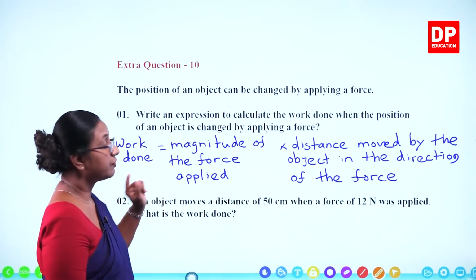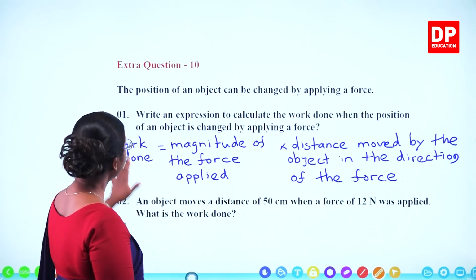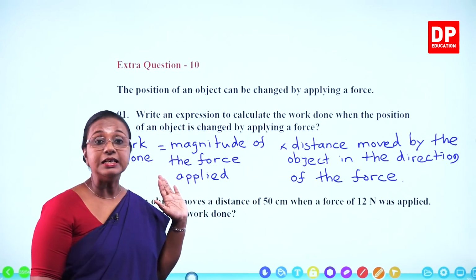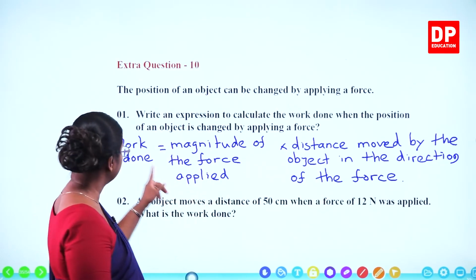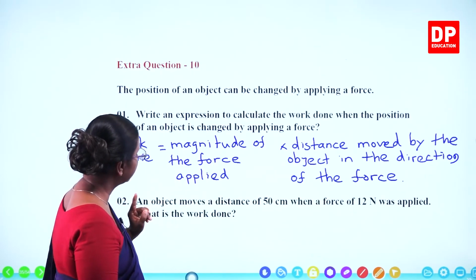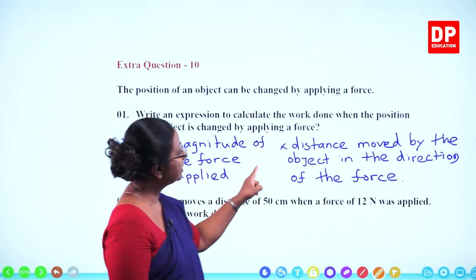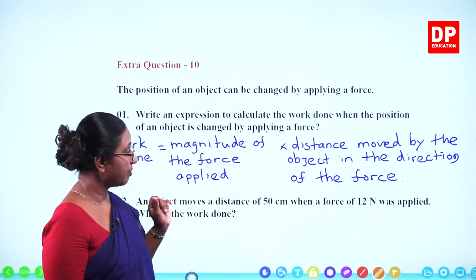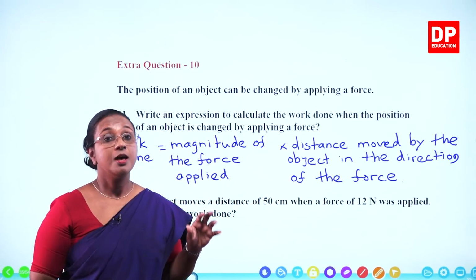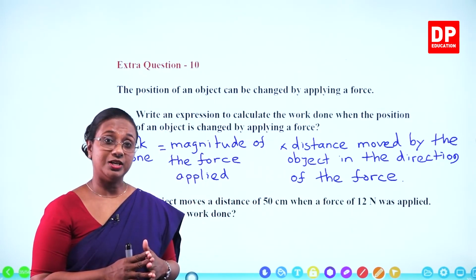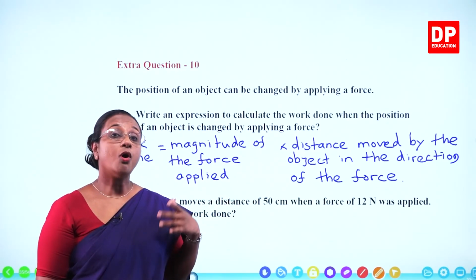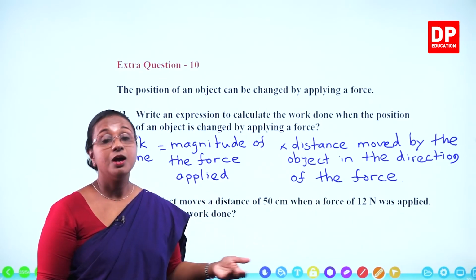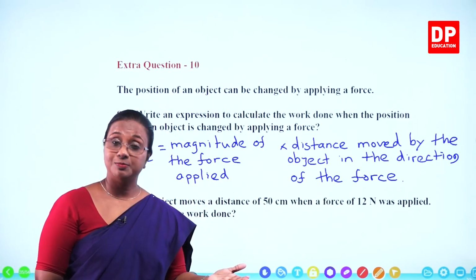Before also, in one of the previous questions, I told you all, when they ask you to write the equation or the expression, you have to write it completely. But when you are doing a calculation, you can simply write it as force into distance, or force into height lifted, or even force into displacement.